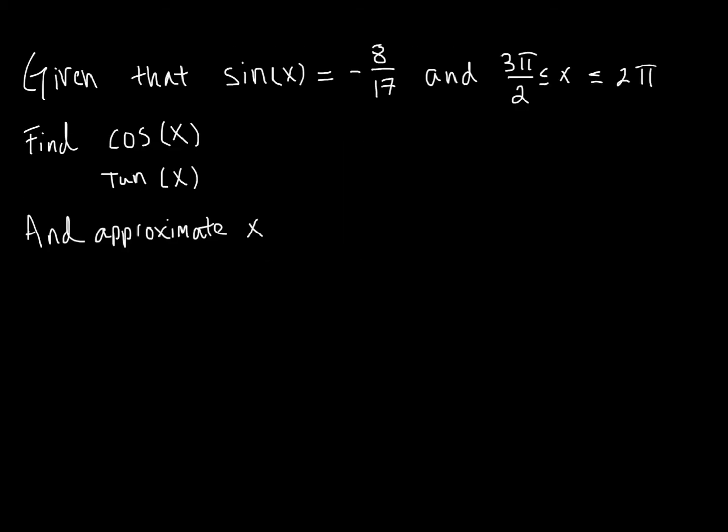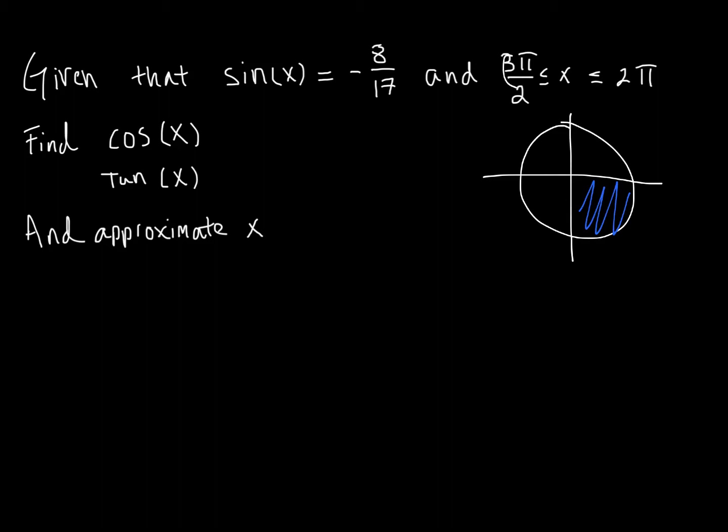Alright, so we know sine, and we know that the argument x is somewhere in between 3 pi over 2 and 2 pi. And so if I'm looking at my unit circle here, I know that I'm somewhere in this quadrant here, and I want to find cosine and tangent.